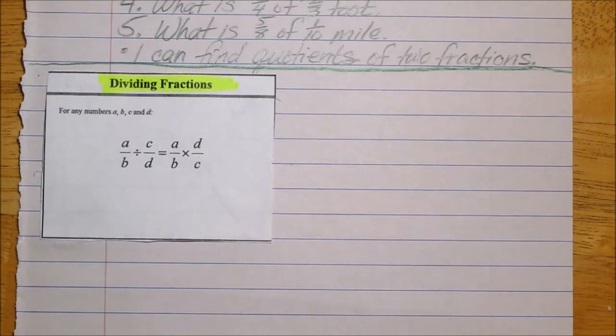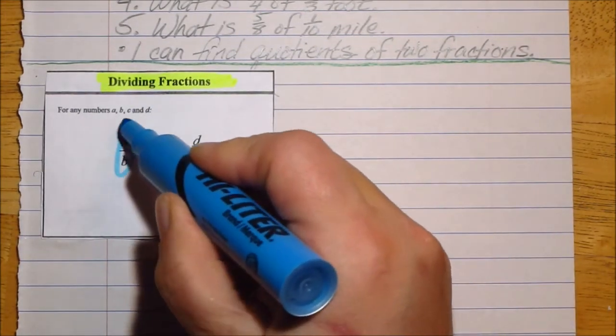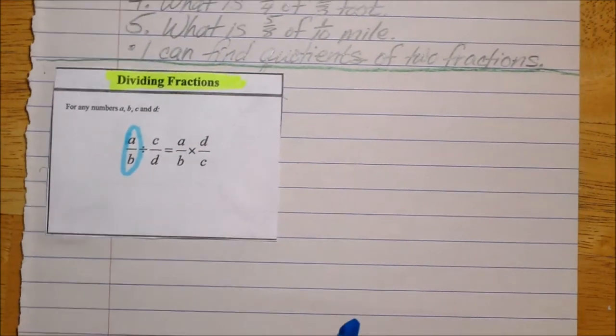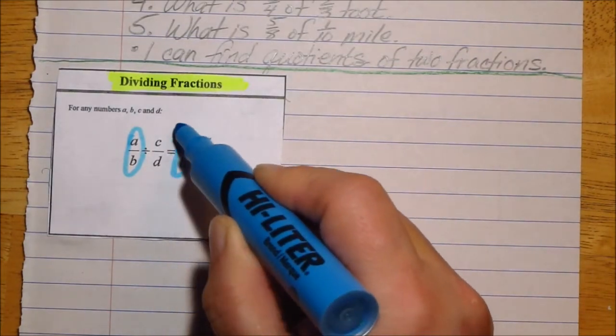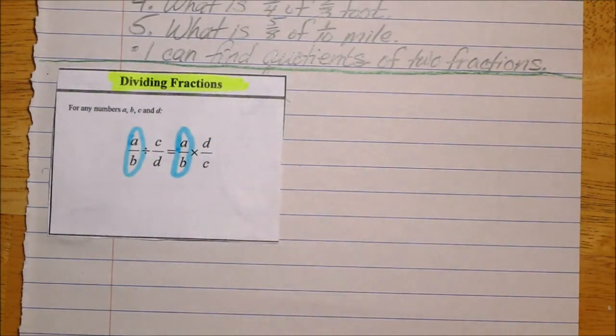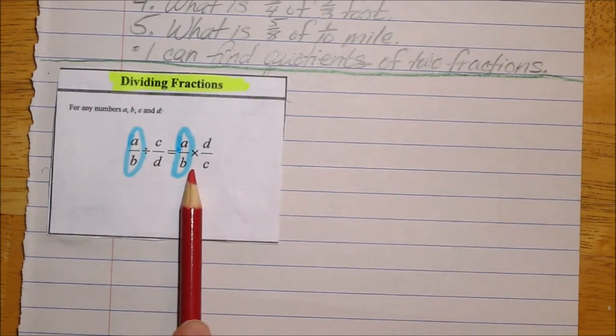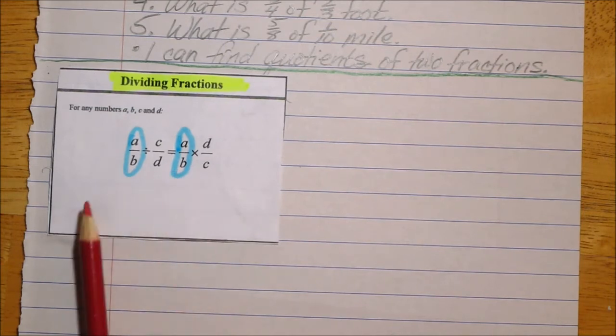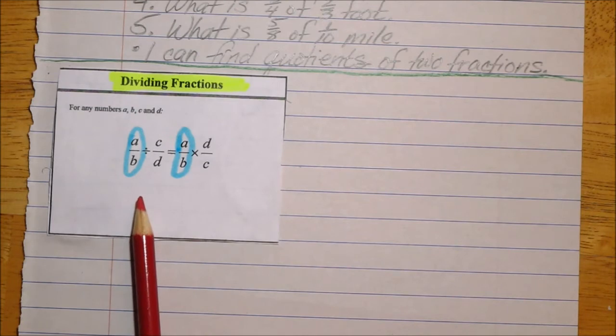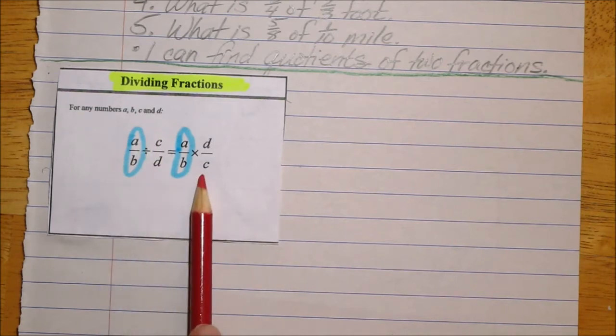With my blue highlighter, I'm going to circle this first fraction, and then circle the first fraction over here, because I want you to notice that the first fraction, the dividend, the number that is being divided, doesn't change. What does change is we have to turn a division problem into a multiplying problem before we can divide. You can't really divide fractions as it is. We turn this division problem into a multiplying problem.